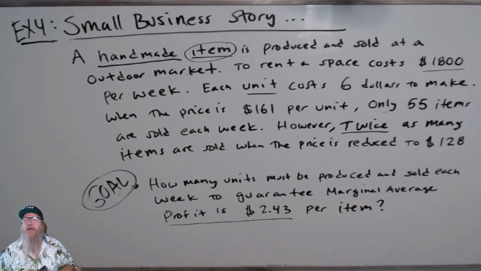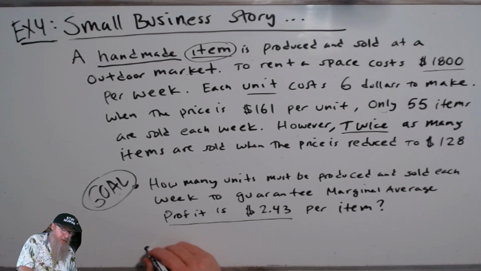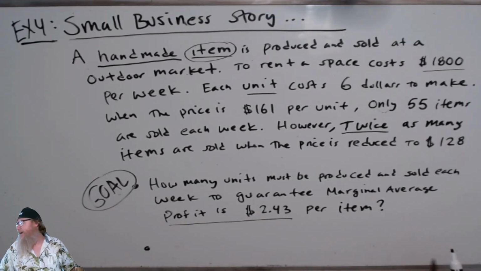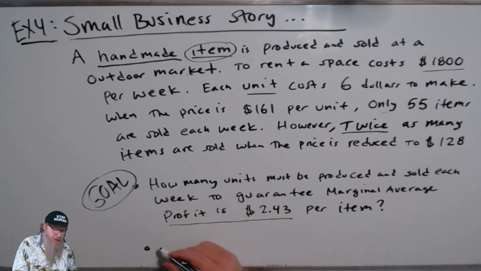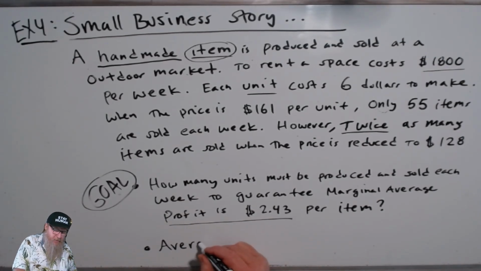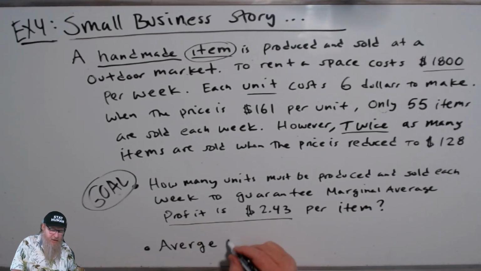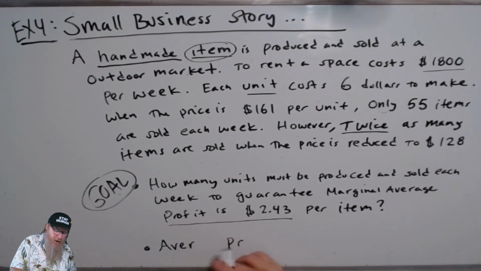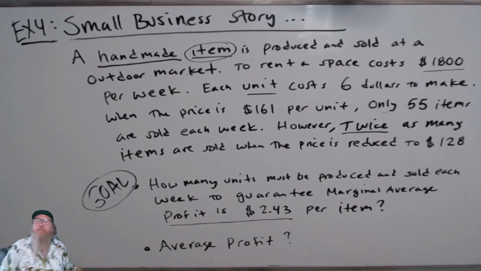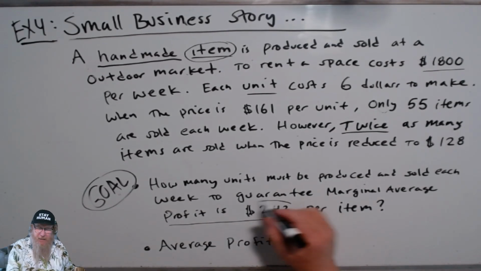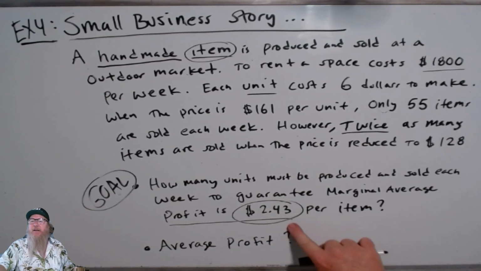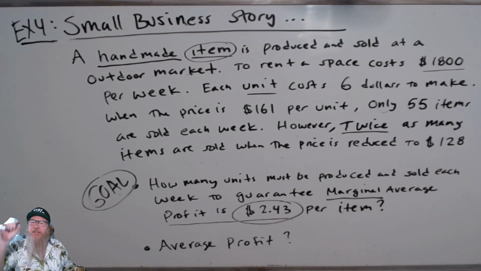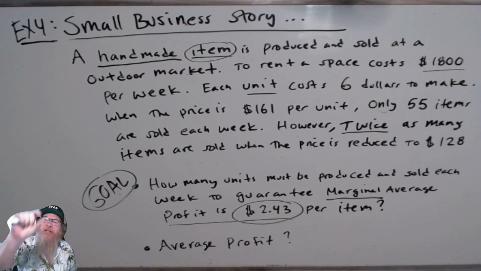All right. I'm also going to ask a couple other questions. This is the big question. Once we know the number, so we need this first, then I'm going to ask, what's the average profit? It's not going to be $2.43 because this is the marginal profit. It's just the little tiny margin for each unit.